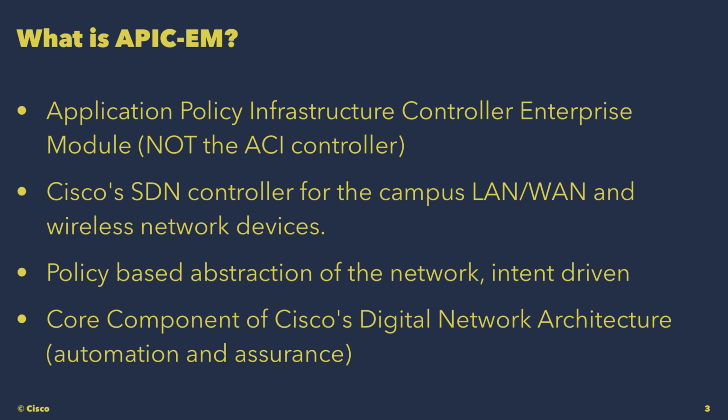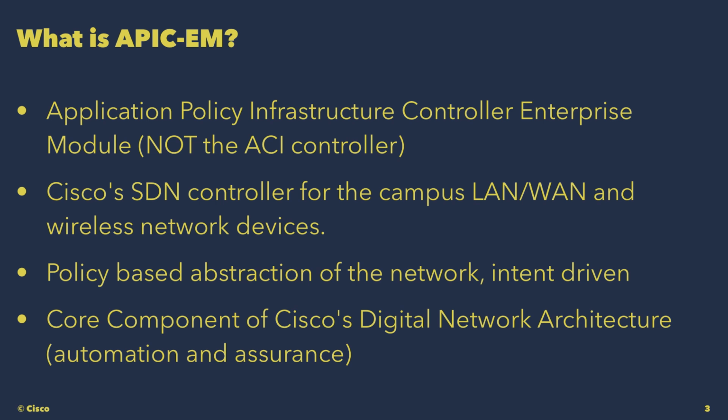But the one thing that I typically get asked when I do these presentations is, well, I've heard of APIC before. Well, we have Application Policy Infrastructure Controller, and we've had it for quite some time in the data center space. But this is not the ACI controller. Again, APIC-EM, think of EM, the enterprise module, as everything for campus, LAN, WAN, and wireless environments.